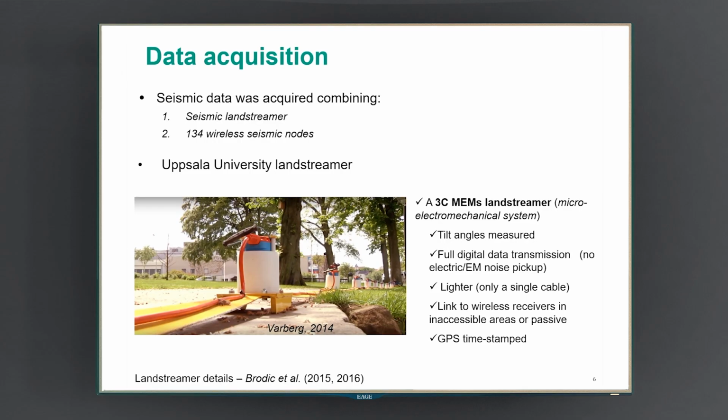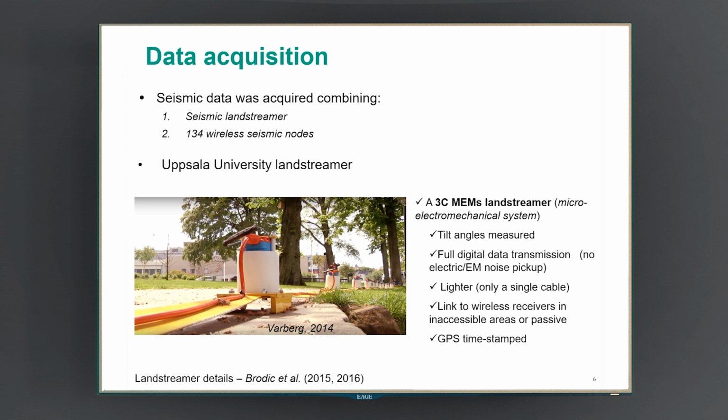To acquire the data, we used a combination of a seismic landstreamer and 134 wireless seismic nodes. A landstreamer can be thought of as an array of receivers that can be towed along the ground and record seismic data without the need of planting the receivers firmly into the ground. What makes Uppsala University's landstreamer unique compared to other available landstreamers is that it was built using 3-component digital-based MEMS sensors.